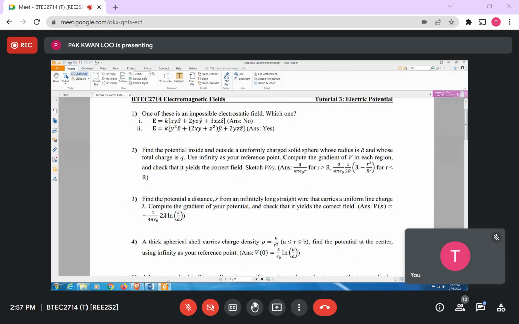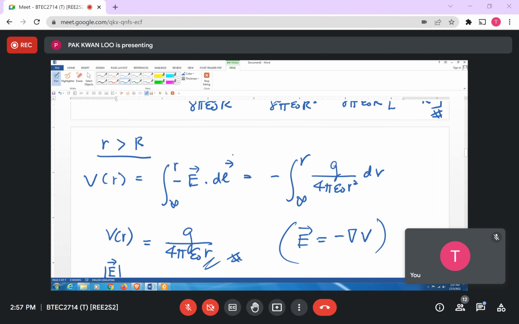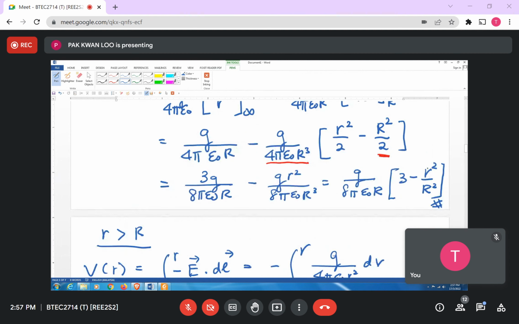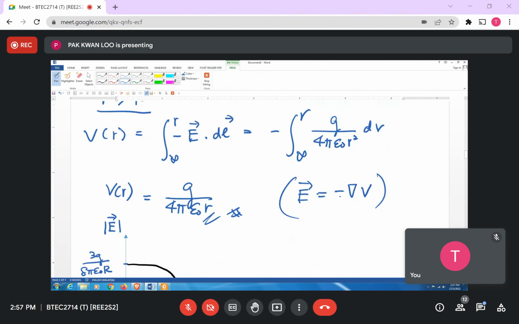Basically we are trying to get back the electric field by using the gradient of V. We have all the potential in terms of R. By applying the gradient, we can determine the electric field inside and outside.